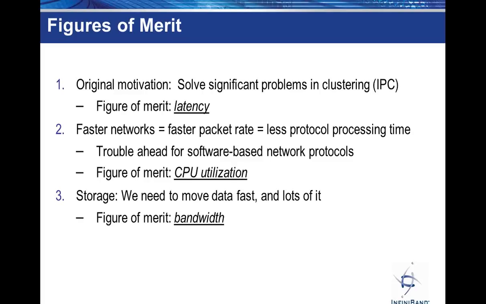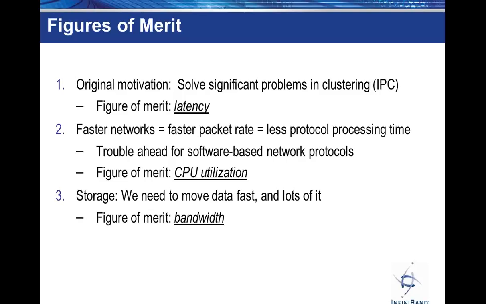One of them was this relentless march forward in data rates, faster network data rates, which resulted in faster packet rates, which produced less processing time per packet, which meant that the CPU had to do a lot more work in order to keep up with these faster networks. So the second figure of merit turned out to be CPU utilization.